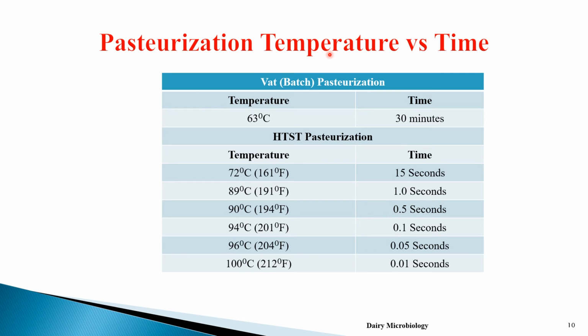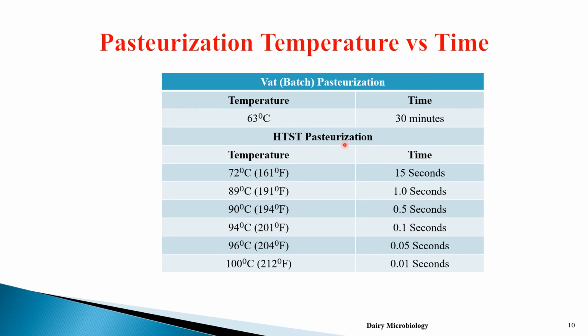So, pasteurization temperature versus time. In vat pasteurization, or batch pasteurization, or LTLT or LTH pasteurization, the temperature used is 63 degrees Celsius for 30 minutes. So the exposure time is 30 minutes.